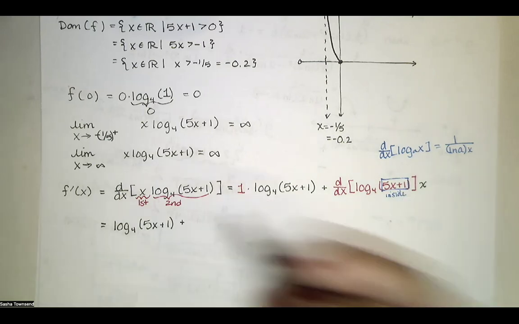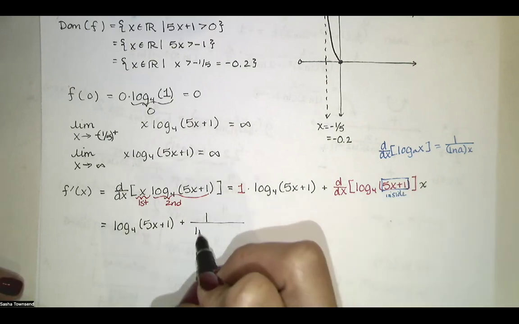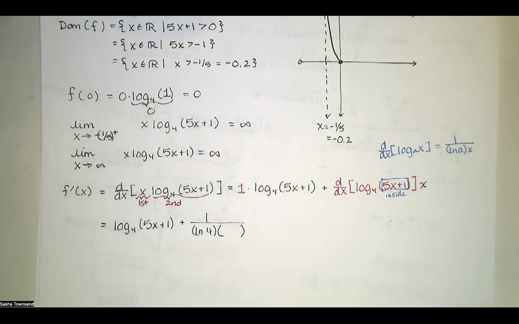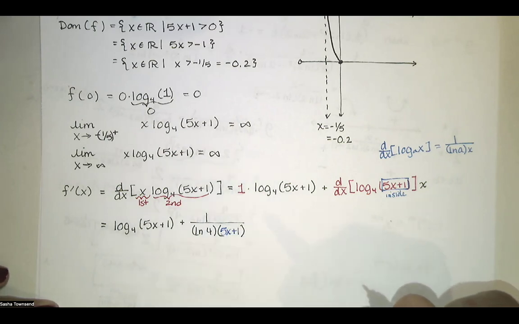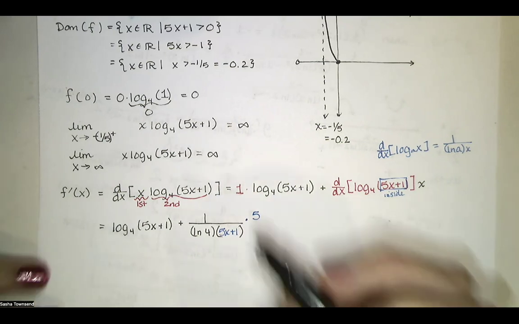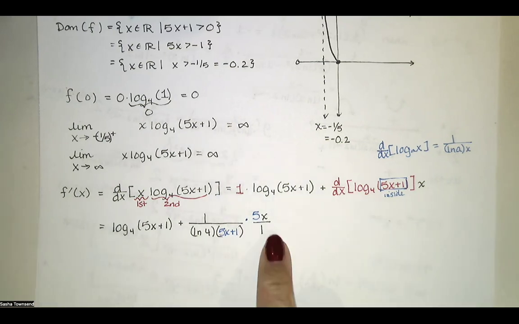So we have the derivative of log base 4 of this inside function is 1 divided by the natural log of 4 times the inside function, times the derivative of the inside by the chain rule. The derivative of 5x plus 1 is just a 5. And you're multiplying that by an x. And I wrote that in the numerator so I could have a 1 in the denominator.